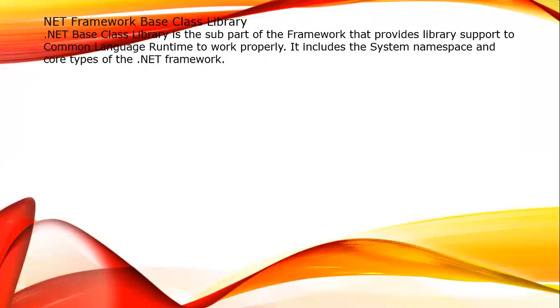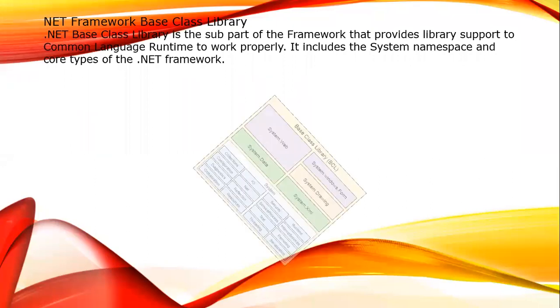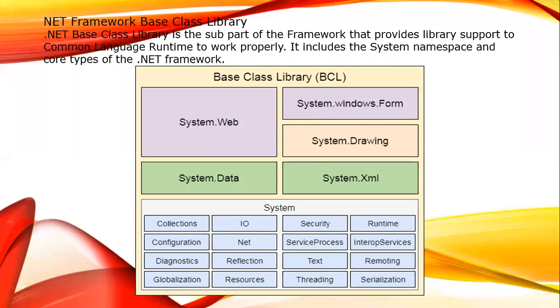Now this is a .NET Framework base class library, a sub part of framework that provides library support to common language runtime to work properly. It includes the system namespace and core language of .NET Framework. So it is a base class library. Look at it carefully.